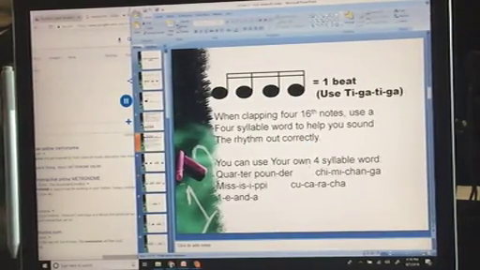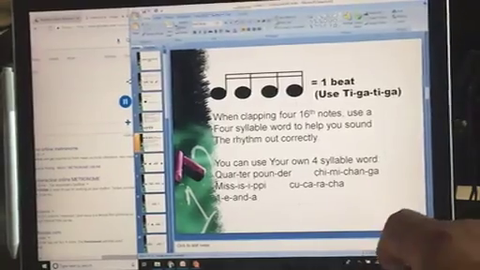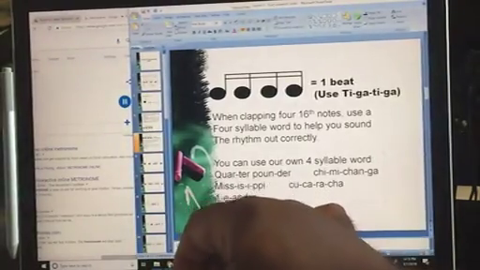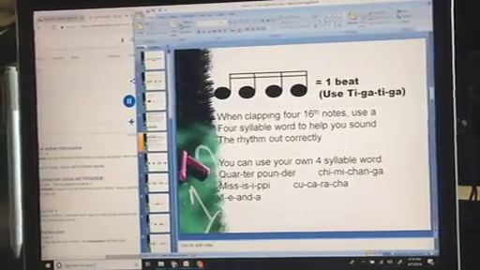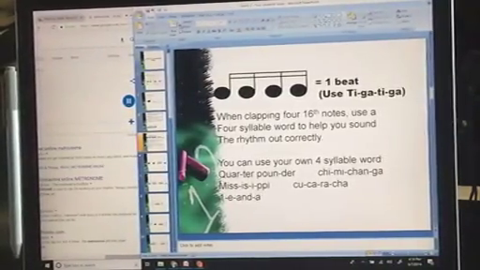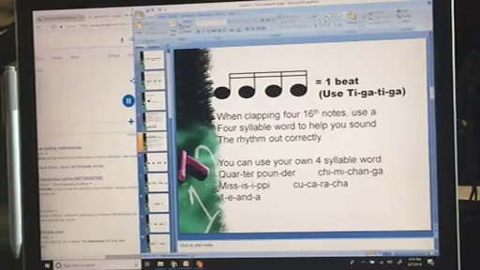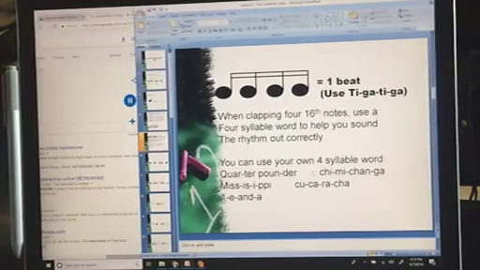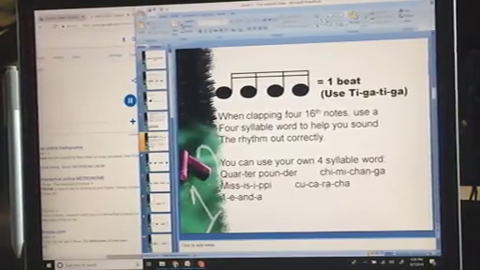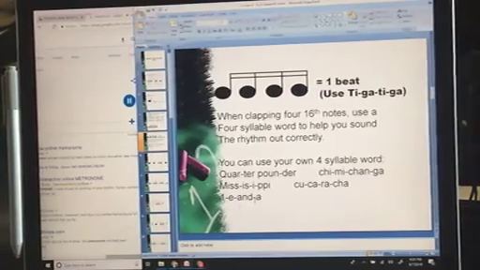You can use your own 4-syllable word to help you remember, to help you clap the 16th notes correctly to the tempo of the metronome. You can use quarter pounder, chimichanga, Mississippi, cucaracha, or one-yanda.